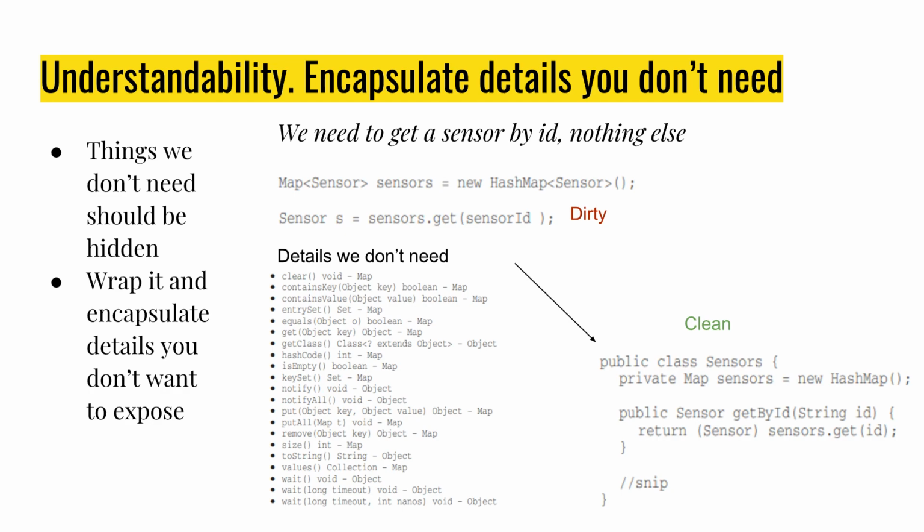So like this, we eliminate the details we don't need and have only the small bits and pieces that we need. So that would be the clean implementation of getting sensor by ID, if that's all we need.